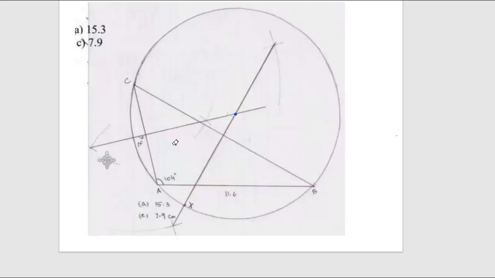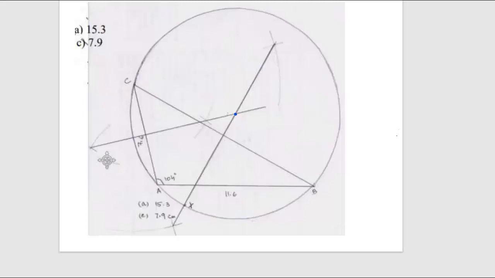But we know from the circular properties of the circle that angle subtended by the same arc will be equal. An angle subtended by this chord BC on the circumference of this circle is 104.